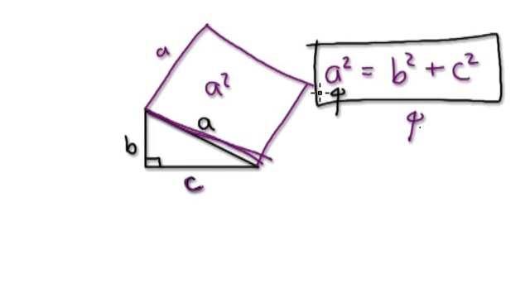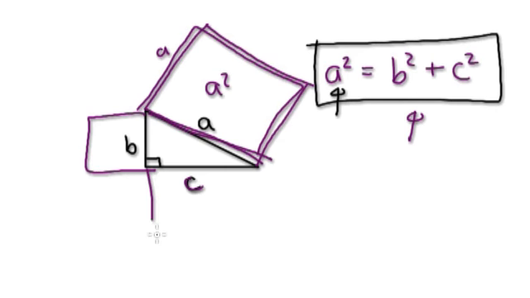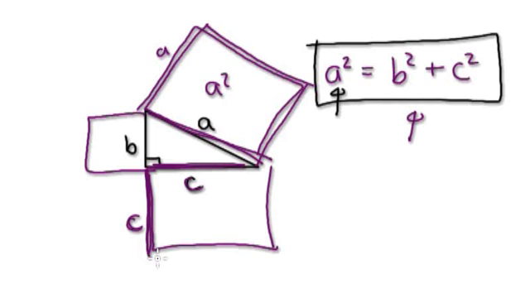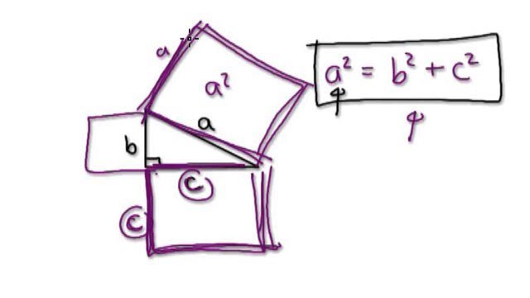What this theorem is saying is that this area here is equal to this area here plus this area here. Remember, if this is c and this is also c, if you get c times c, you're really getting a square. So the bigger square equals this square here plus this square here.